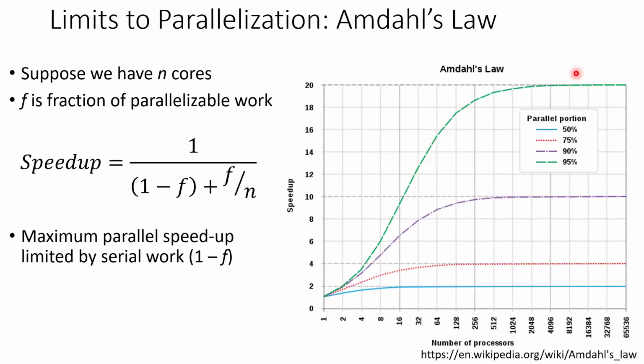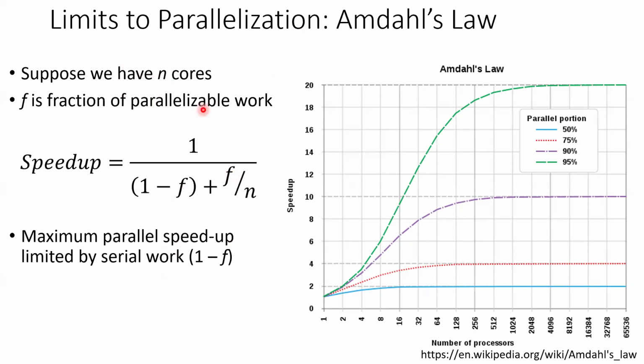And here is a way to estimate the amount of speedup that we can get from parallelization, from this equation. This is Amdahl's law. It's saying that the speedup you can get from parallelization cannot exceed this value.